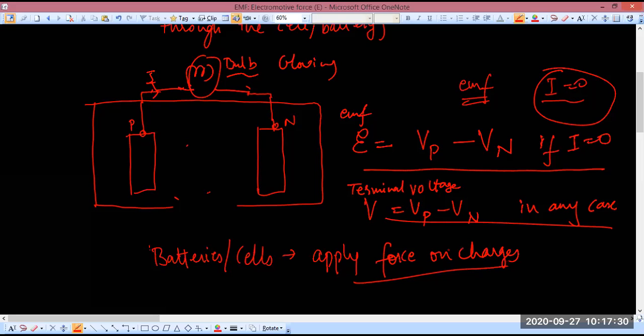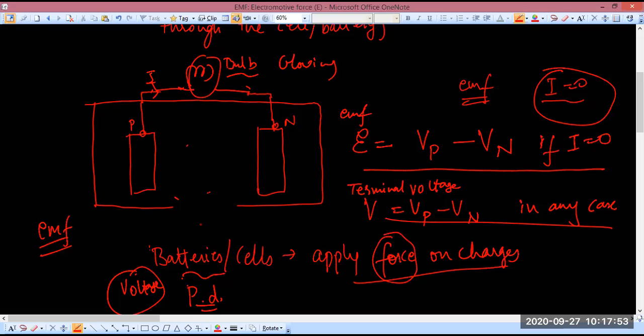What batteries and cells are doing is they just create potential difference or voltage. They give a voltage, correct? This name has been given a long time ago, it's a very old word. At that time people didn't know the exact thing, so they thought batteries are giving a force. That's why they called it electromotive force.